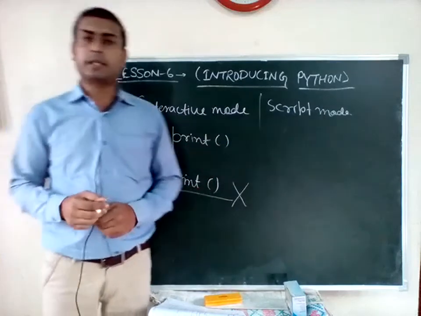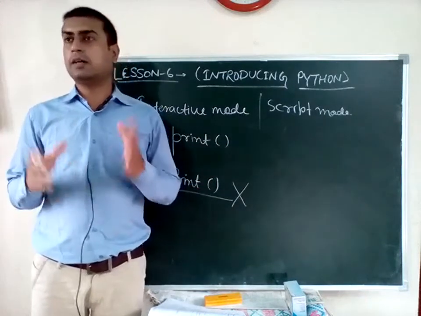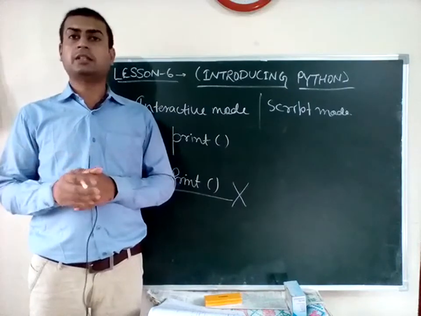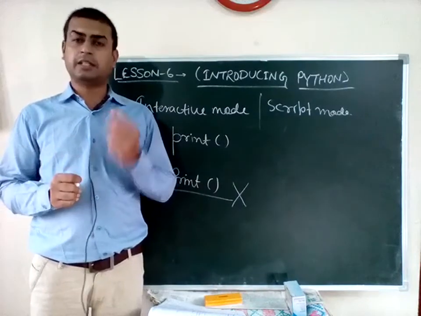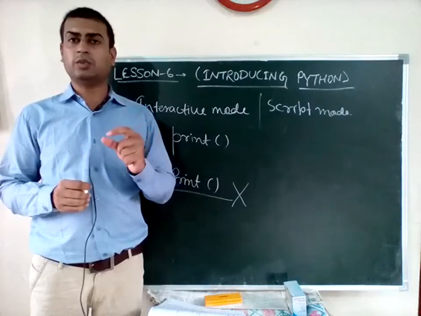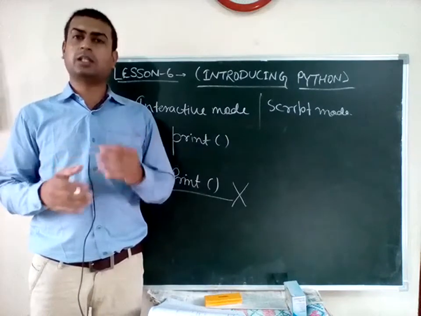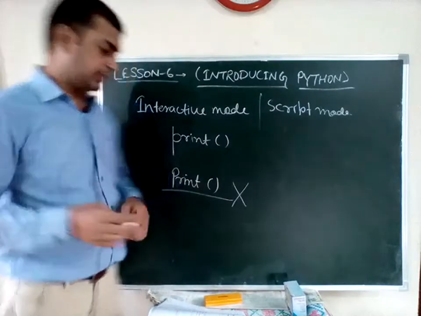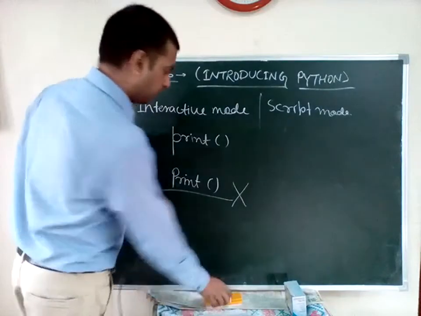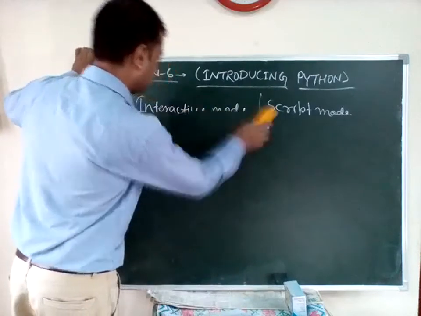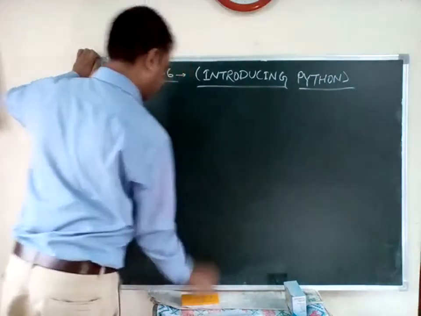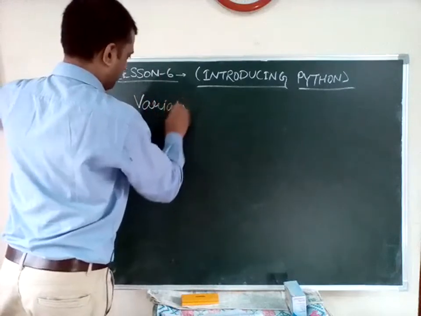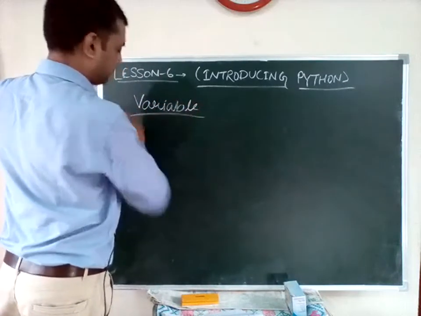Now the next topic is how we can hold a value in our computer system in Python. So there is the variable. Variable is a great concept that will hold the value, and it can be changed during execution time. This is the most important part. What is a variable?